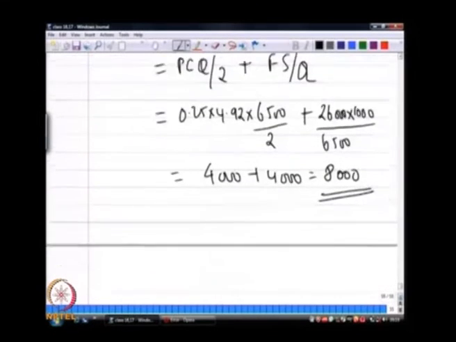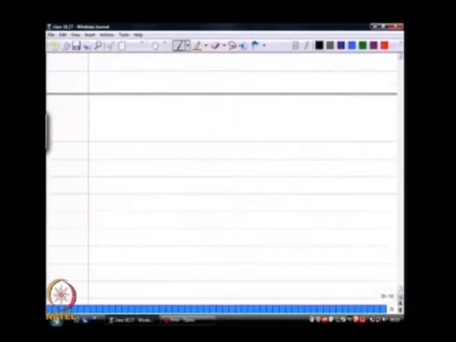Now, in reality, things are not as simple as this example suggests. I told you in one example that suppose I order an inventory and it is going to take 2 weeks for me to get the inventory. So, after I make an order, let us assume that I have to wait for 2 weeks.